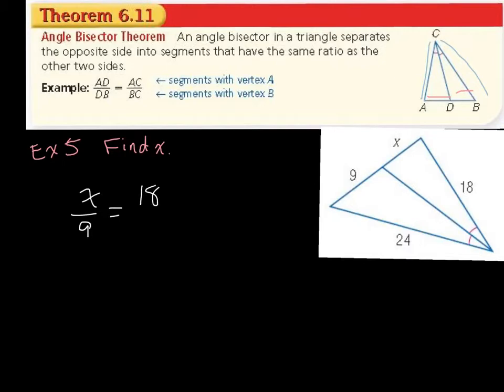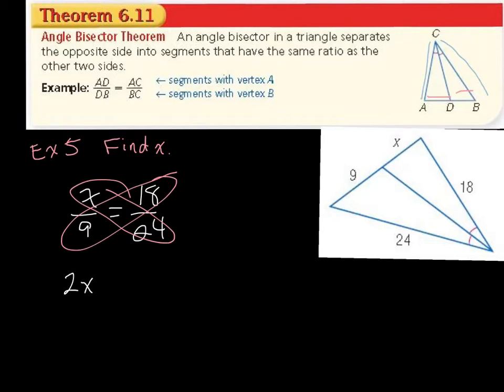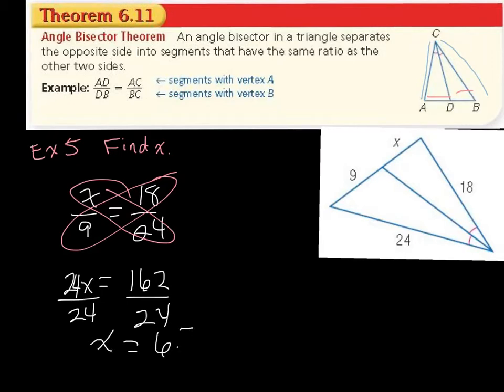So 18 is to 24. And then once again, we're solving proportions, so we're doing cross products. So we have 24x equals 162. Divide both sides by 24, and we have x. And I'm going to write it as a decimal: 6.75.